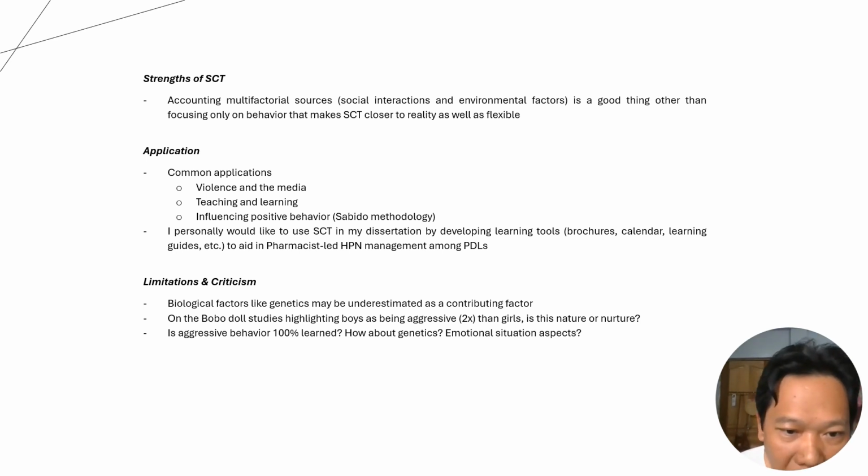And then limitations and criticism. Biological factors like genetics may be underestimated as contributing factors in SCT, because we always focus on what can be imitated outside. But like I said, genetics is a multifactorial aspect.